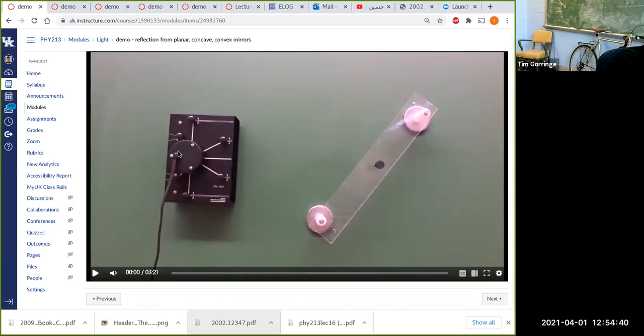On the left here is a box that produces parallel rays of light. On the right here, this is a device in which I can clamp a plane mirror, or I can clamp a curved mirror.